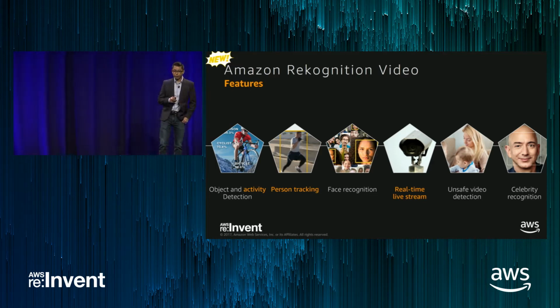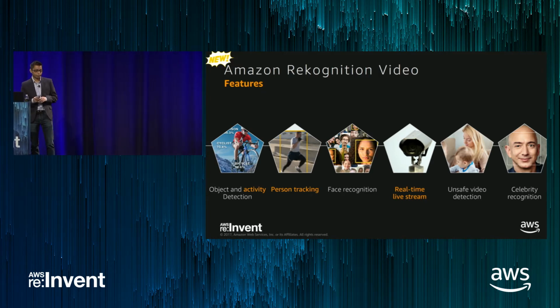The first one is, along with the object and scene, we also detect activities. Activity detection requires understanding the context of what is happening over a bunch of frames. This could be things like a person blowing a candle, somebody playing a guitar, or a baby crawling. These things require models to be trained to understand what's happening across a series of frames. So now we have added that along with the objects and scenes that you see for images.